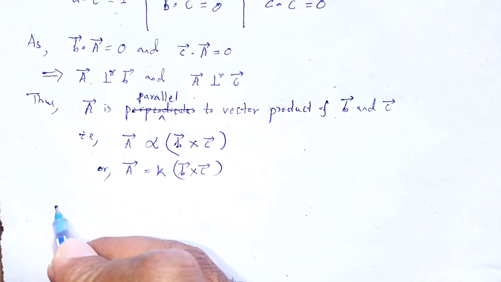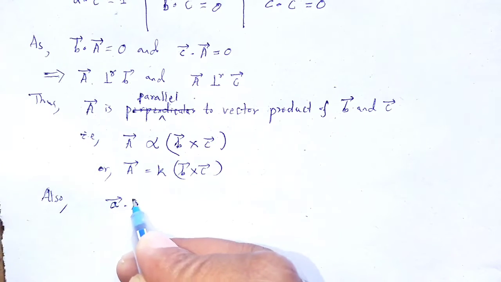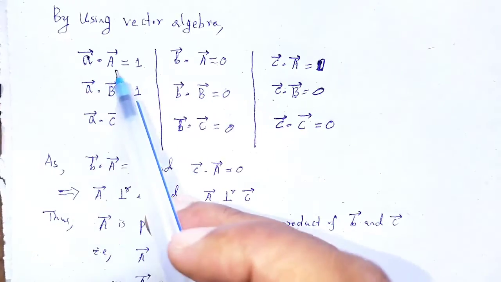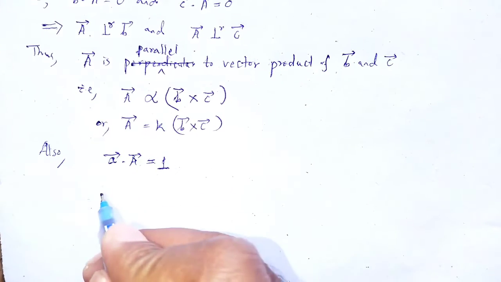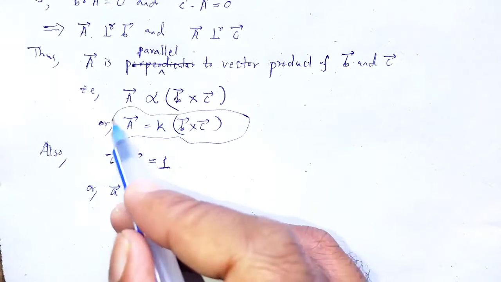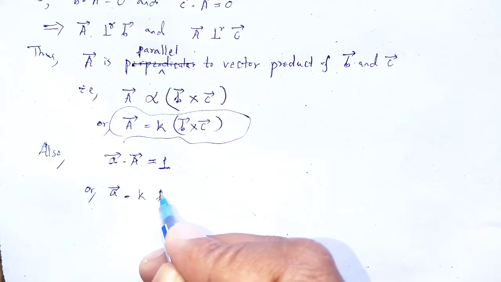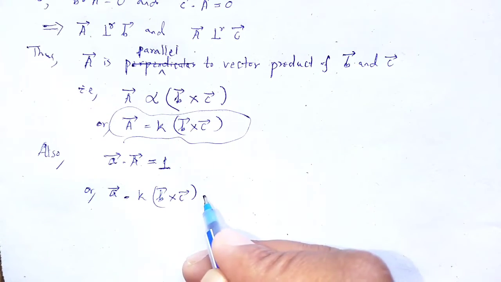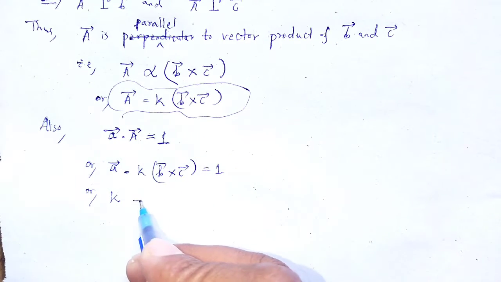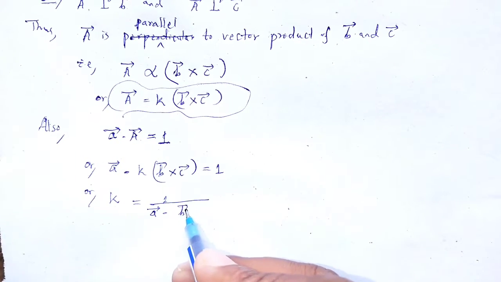As you know, also a dot a is equal to 1, so in place of a vector we use k times b vector cross c vector is equal to 1. From that relation, k is equal to 1 divided by a vector dot b cross c.